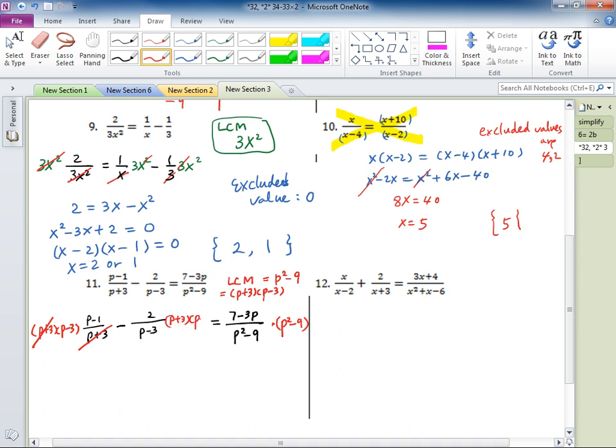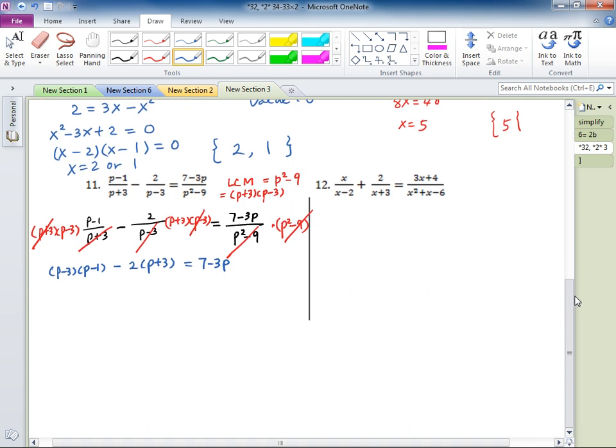So multiply p plus 3, p minus 3 on every term on the left and on the right. Why do we do that? Because we want to get rid of the denominator. Cancel. Cancel. After you get rid of the denominator, you get a little bit simpler form, right? p minus 3, p minus 1. And then 2 times p plus 3, and on the other side only the numerator.